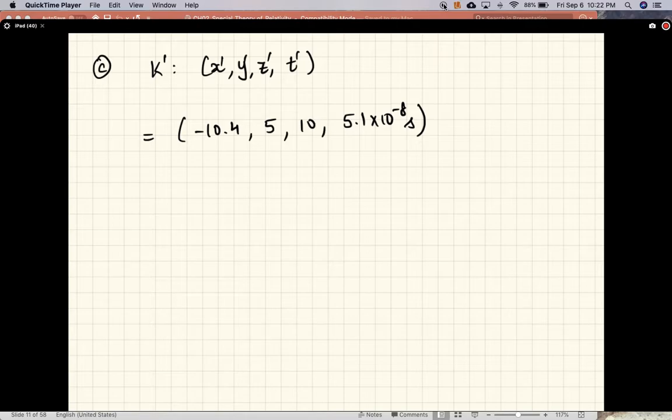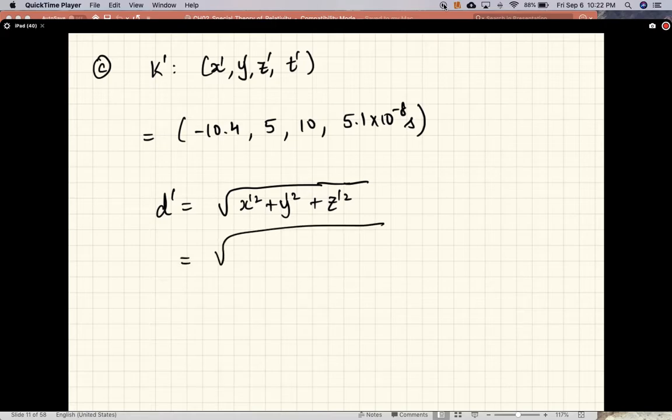Okay, so let's calculate the distance d prime to that point, which is the square root of x prime squared plus y prime squared plus z prime squared. And so this is equal to minus 10.4 squared plus 5 squared plus 10 squared, and this works out to 15.3 meters.